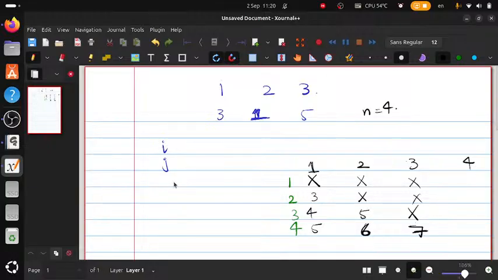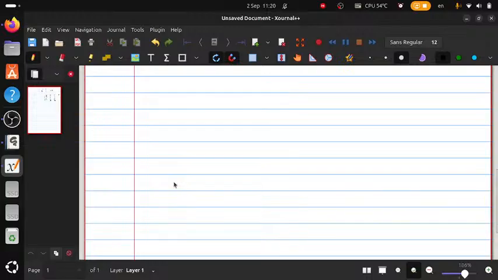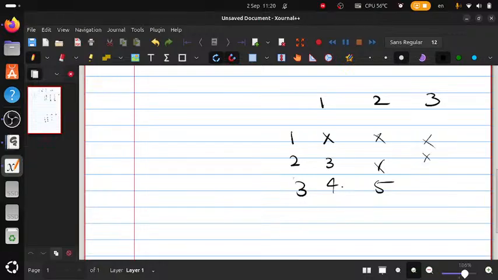Let's now try with 3 1 5. Now i can be 1, 2, 3, j can be 1, 2, 3, or can it be? So when i is 1, j can be this. It's going to be 3 and 4, and then we have this, so it becomes 2 and 3, 5, and then we have nothing here.